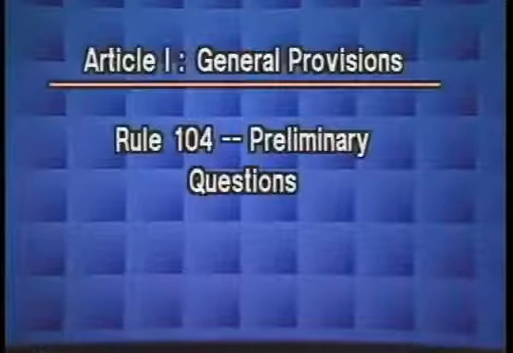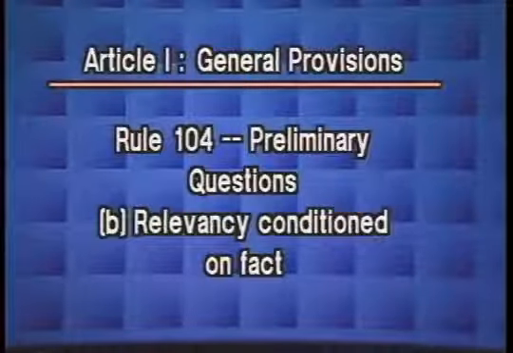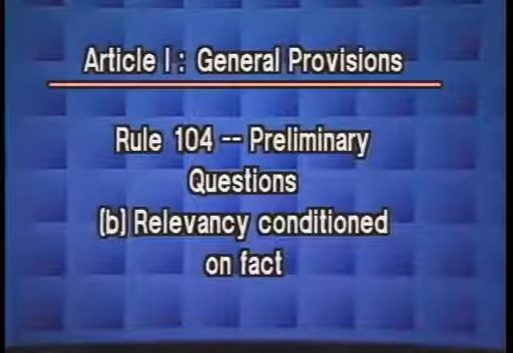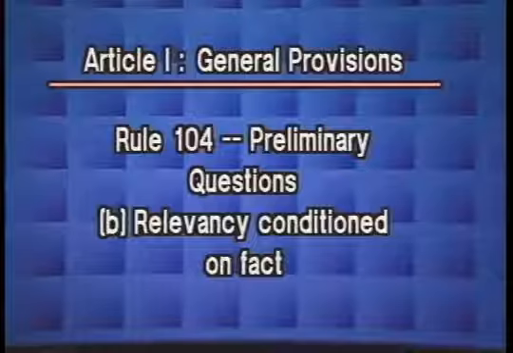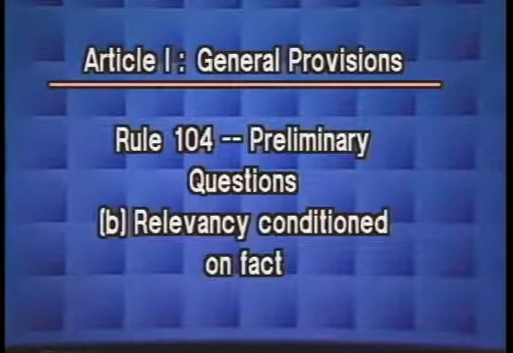The one exception to the general rule, which Rule 104 states, and really is the general rule, the one exception to that general rule, that the judge decides preliminary questions of admissibility, is found in Rule 104B, where the relevancy of the evidence is conditioned upon the existence of a fact.